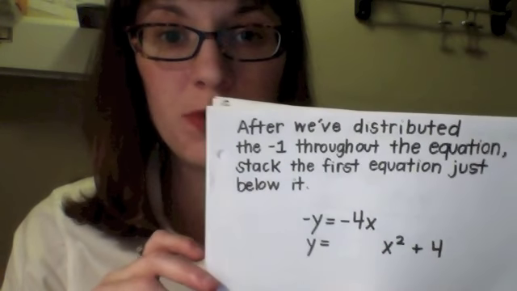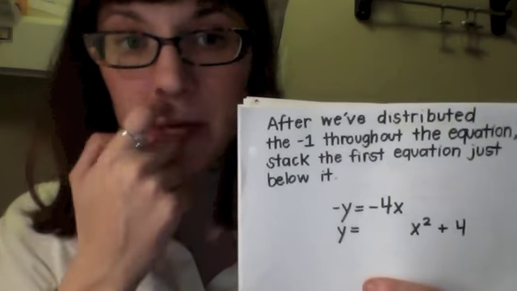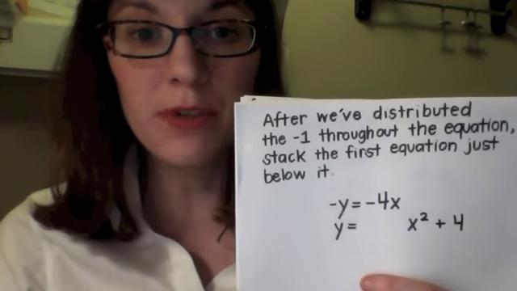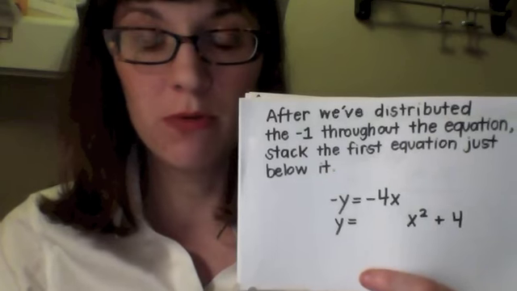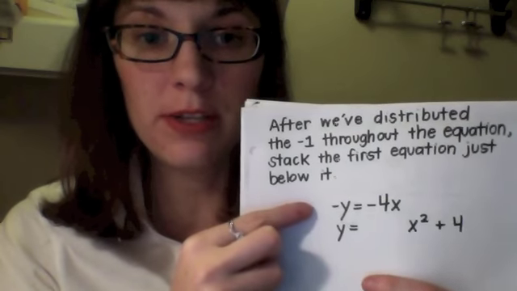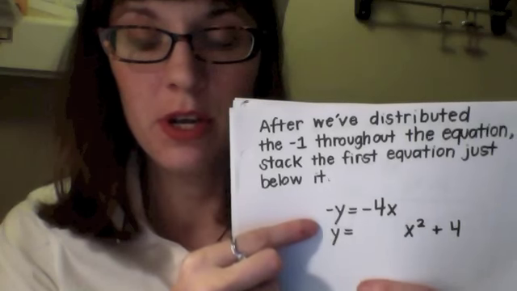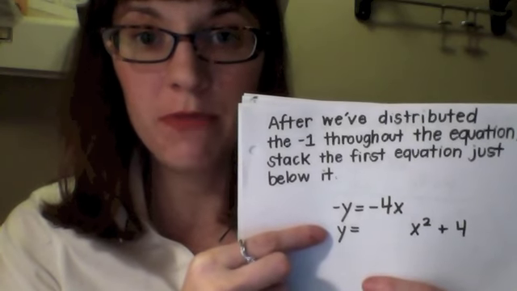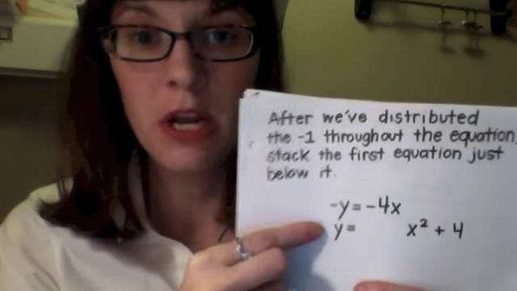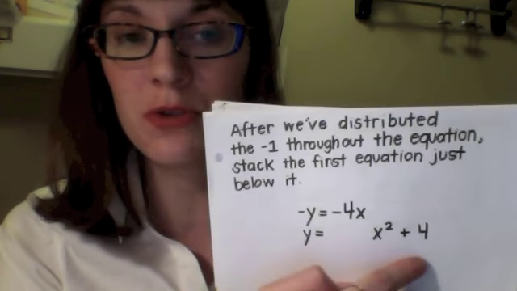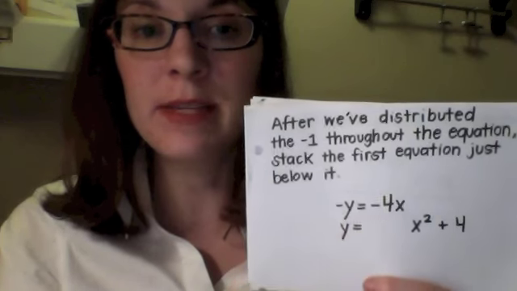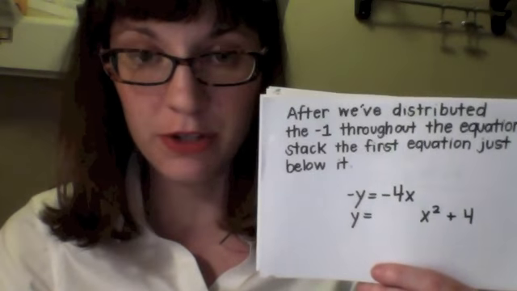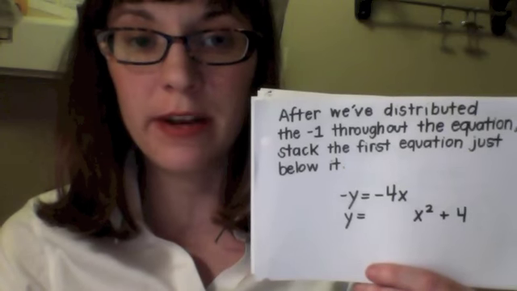After we've distributed the -1 throughout the equation, I stack the first equation just below. So there's the equation I stopped with on the last page, and I stack my original first equation below it. You'll notice that the spacing is a little strange. This takes us back to combining like terms in our jingle, birds of a feather flock together.